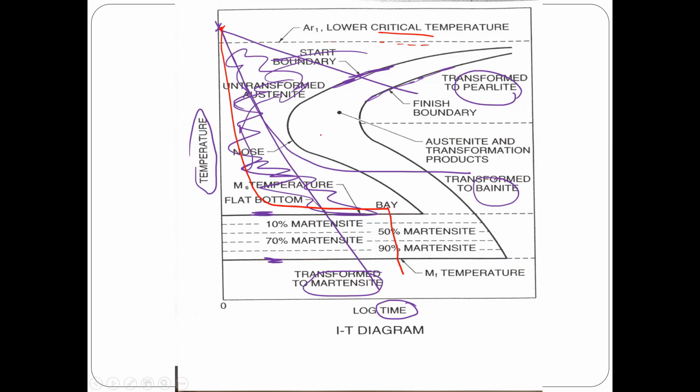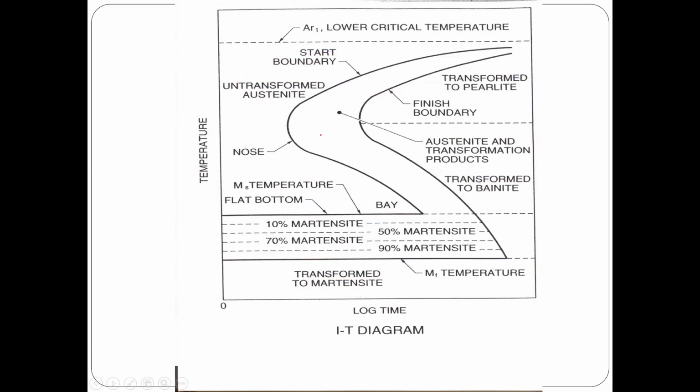So what is important about this diagram? Slow cooling produces pearlitic products. Fast cooling produces martensite. That's it. If I quench, I'm going to form martensite. If I slow cool, I'm going to form pearlitic products.